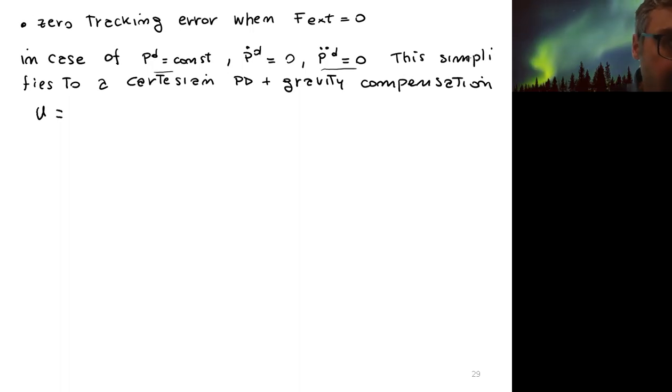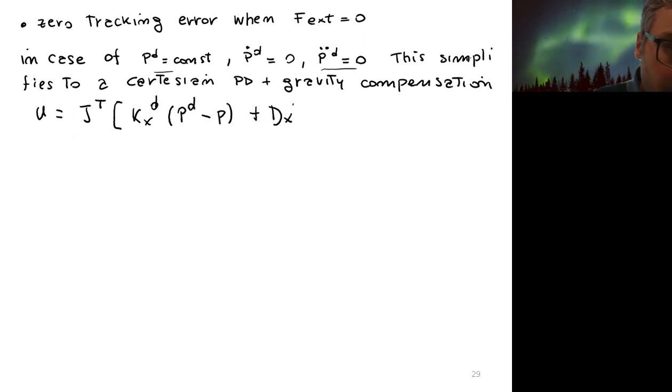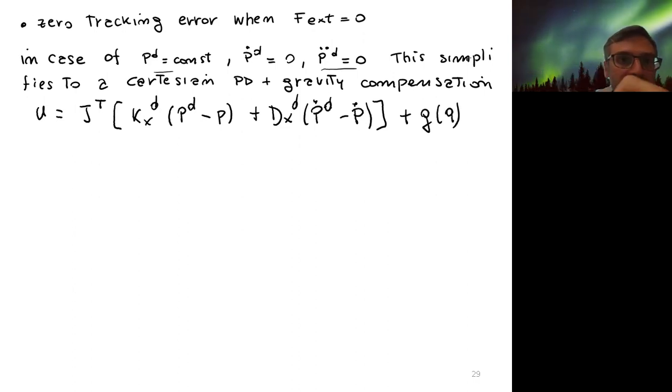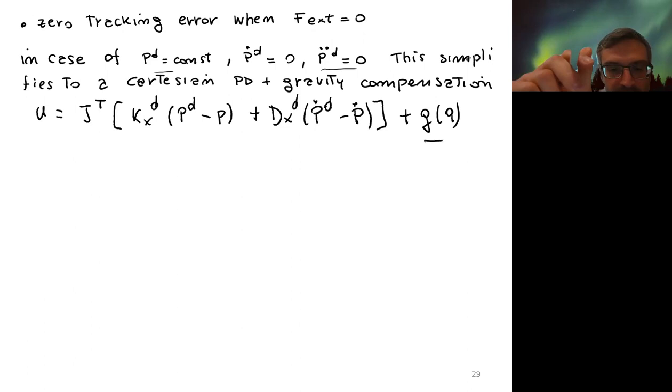So the control law simplifies to this one, because we are considering constant trajectory reference.